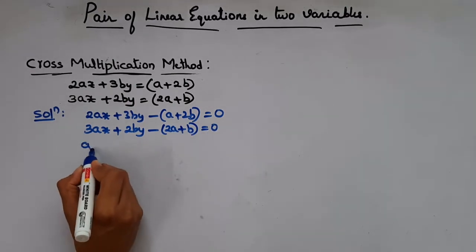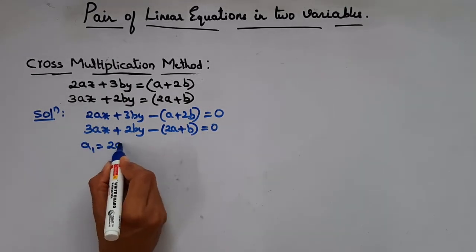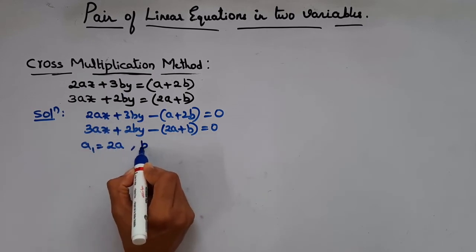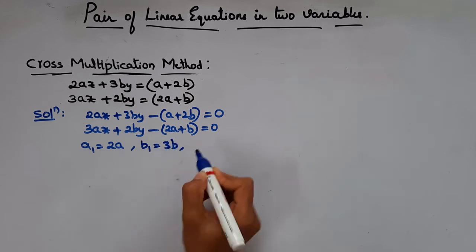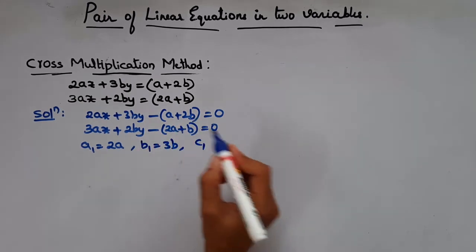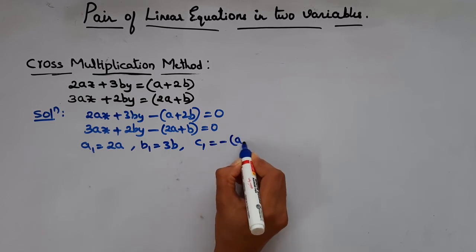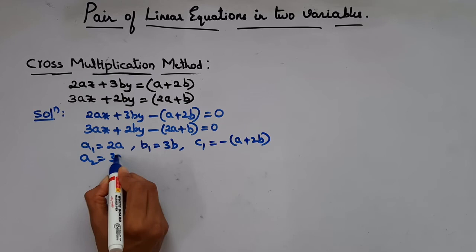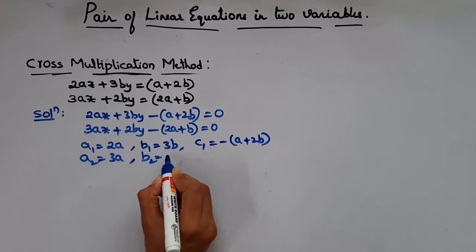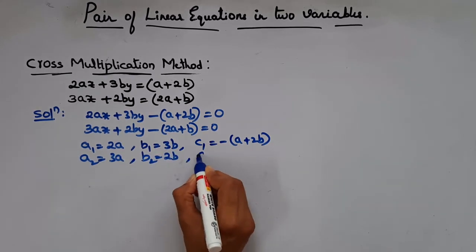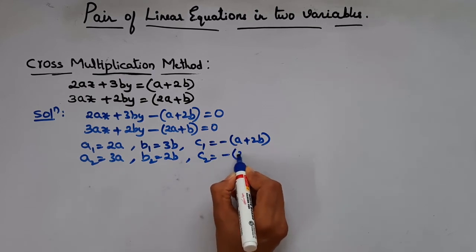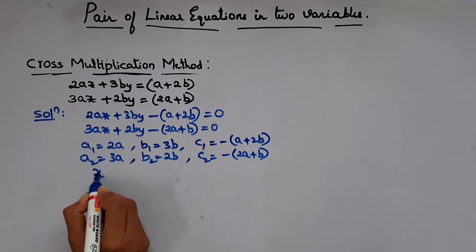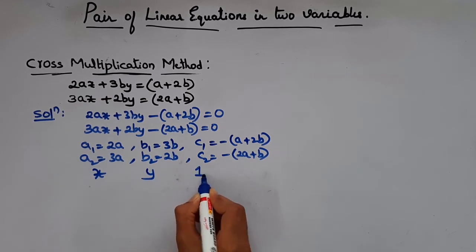So here a1 is 2a, right? This is your variable x. So b1 is 3b and your c1 is the whole term which is a constant, right? So it's minus a plus 2b. So a2 is 3a, b2 is 2b and your c2 is minus 2a plus b, right? So now we know the diagram, that is x, y and 1.